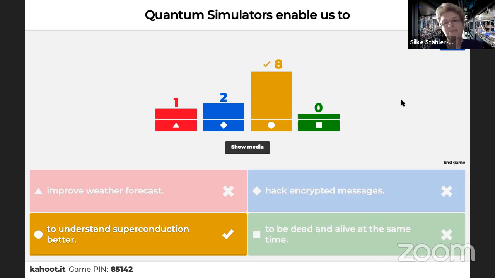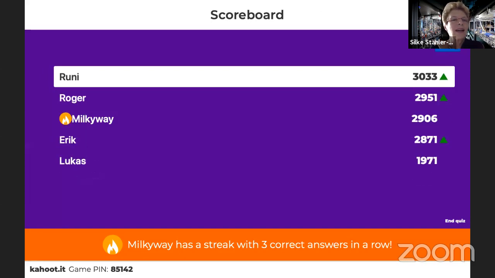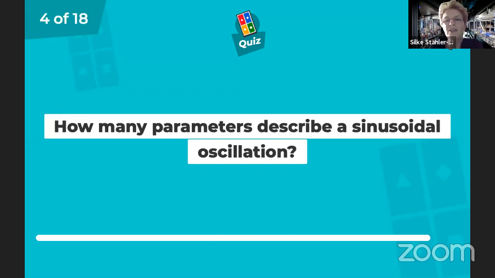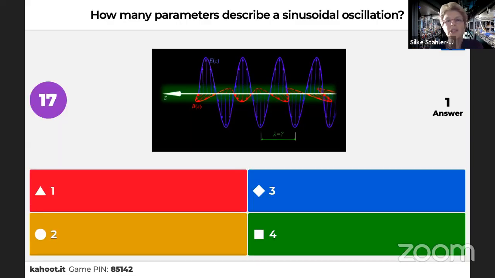Maybe we should get into discussion with the physicists whether they can hack encrypted messages, but they are not able to improve weather forecasts. So these two answers were wrong. Let's go to the ranking. Okay, Rooney, Roger, Milky Way. And the next question. How many parameters describe a sinusoidal oscillation? We just heard it in the talk of Joachim.